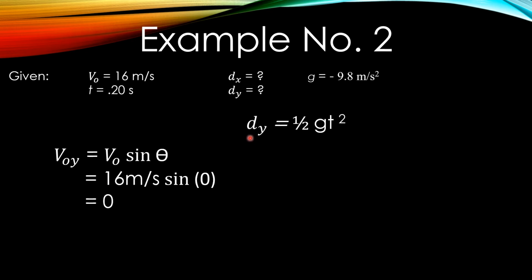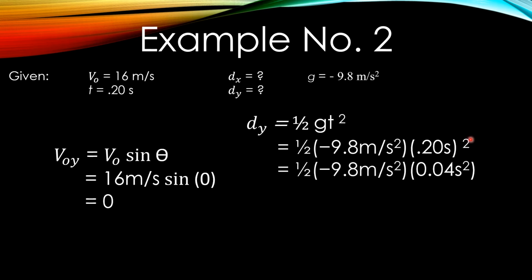The formula is dy is equal to 1/2 times the gravitational pull times time squared. Let's substitute the given. We have the value of the gravitational pull, which is negative 9.8 meter per second squared. We also have the value of the time, the given time, 0.20 seconds squared.